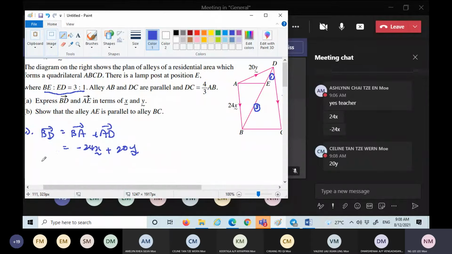Now we go to AE, the second part in question A. A to E. A is here, E is here. There is no information here, so I have to go by another route. So how to go from A to E? Who is the next one?